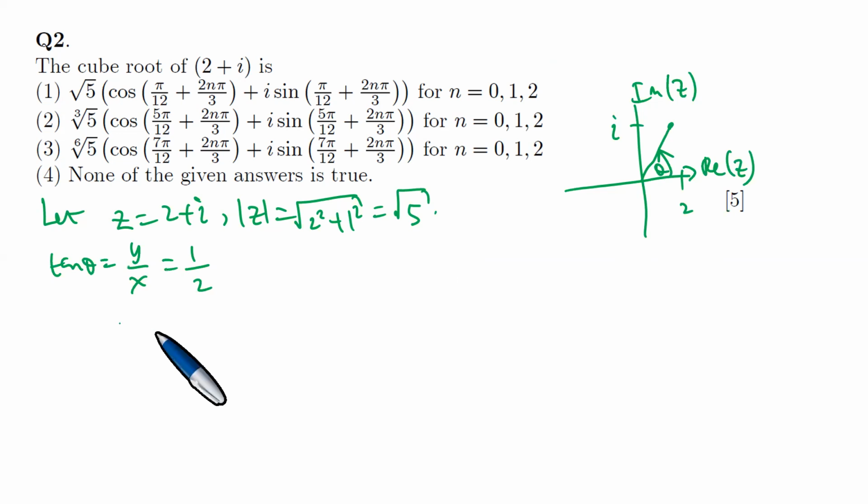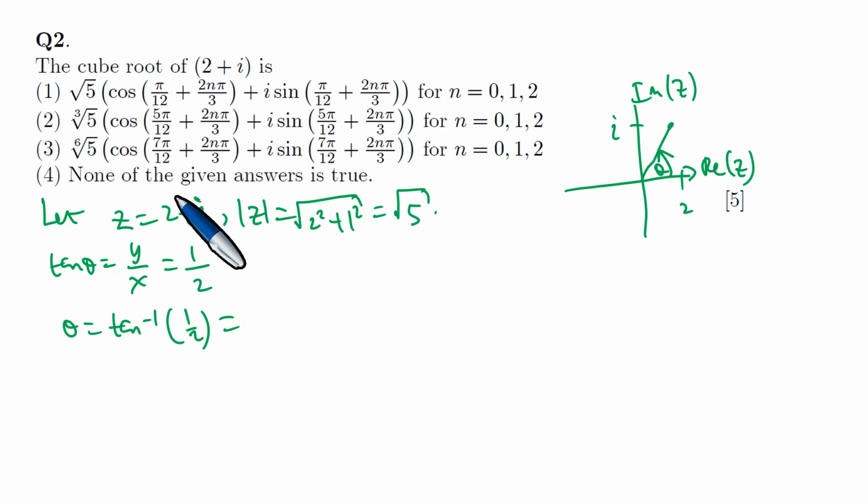So the angle theta will be the arctan of this. You can just use the calculator for that. The arctan of 1/2 is a decimal, which is none of those options. So let's just do it.